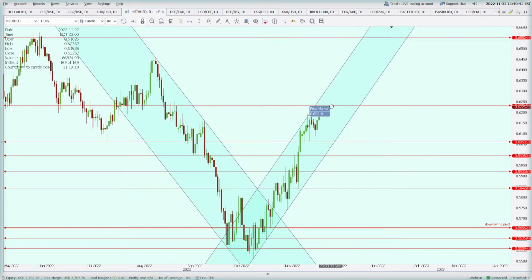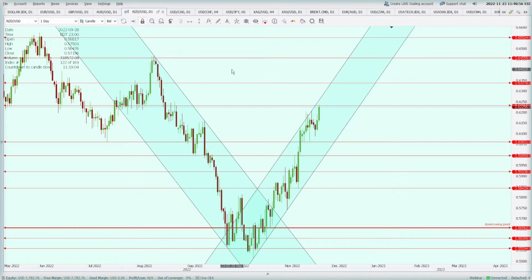If we see a close higher than this, then the next target is going to be these highs, and after that these highs. So after 0.6231 is taken out on a daily closing basis, 0.6337 and 0.6455 will be exposed. On the lower side, we have a support at 0.6060 in this market.